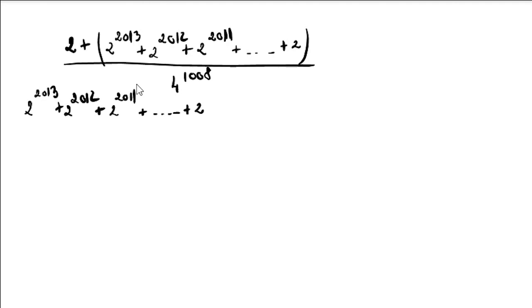I can rewrite this sum using the formula of geometric series because this is a geometric series. So we have the sum equals b1 multiplied with (q^n - 1) over (q - 1).